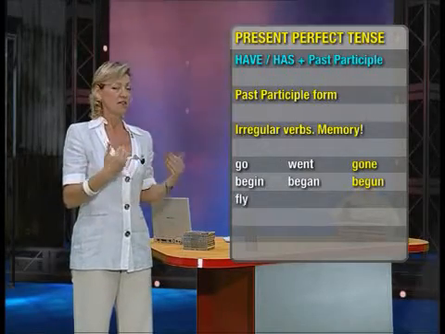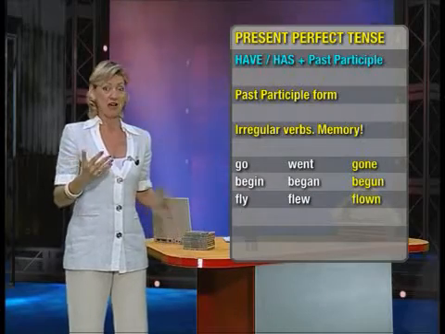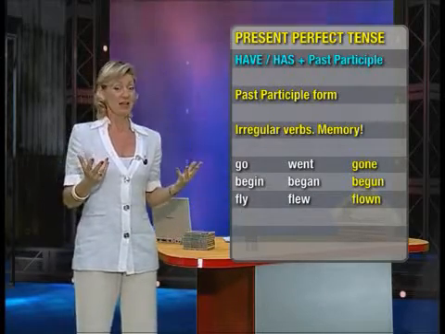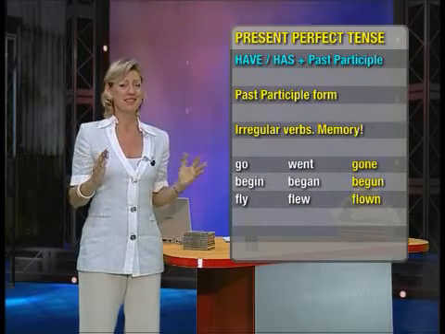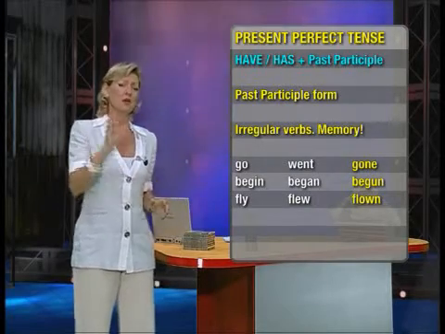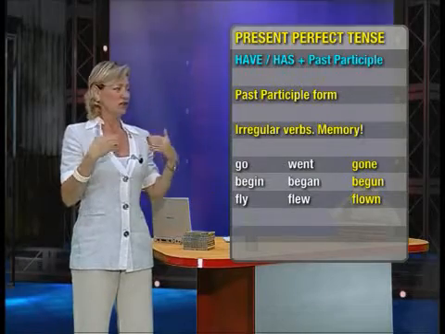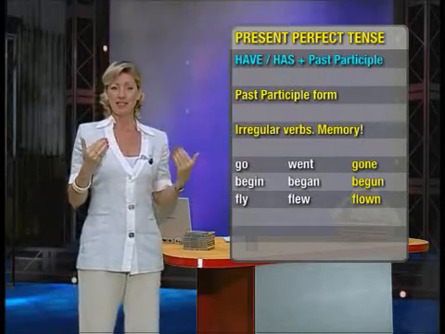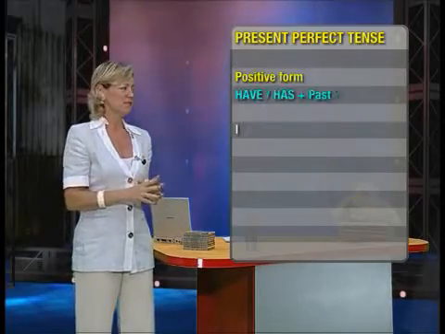Fly, flew, flown, past participle. Now here, like the past tense, you have to memorize them by heart. That's the only way. So in the verb paradigm, you need the third column in order to construct the present perfect tense. Let's look at some positive sentences.